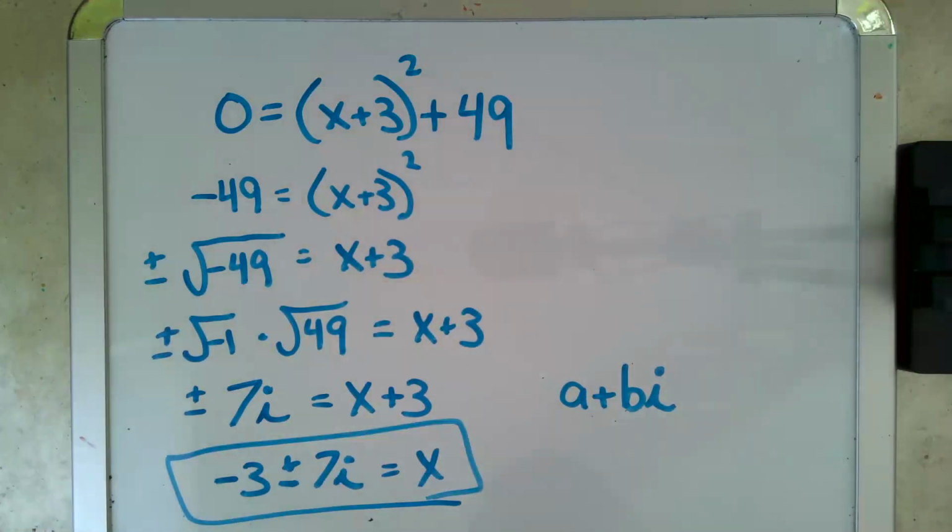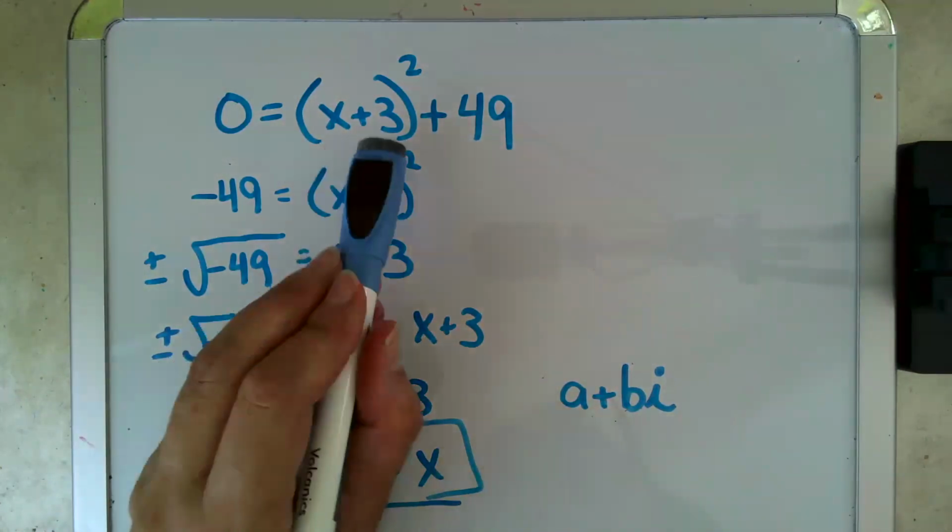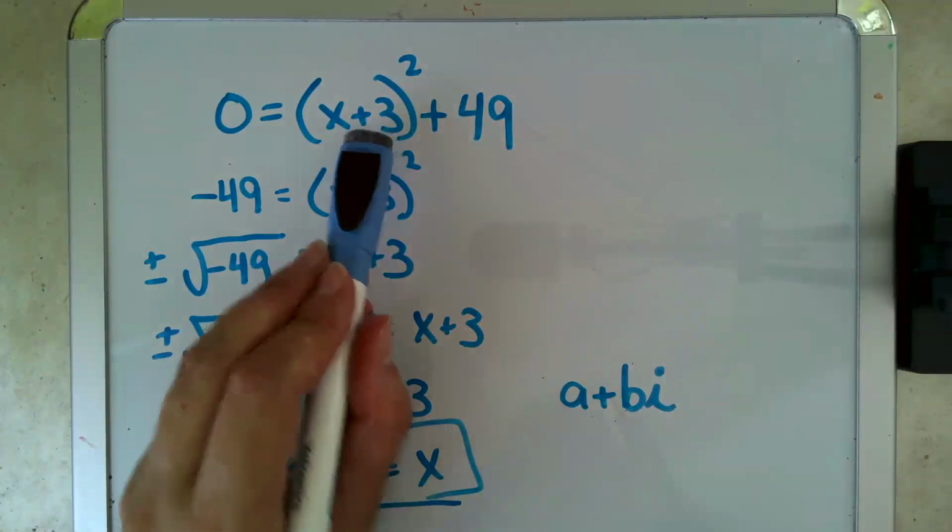Remember that solutions, roots, zeros, x-intercepts, these are all the same thing. If your x-intercept is imaginary, that means that this parabola never hits the x-axis. And if you think of this in vertex form, that makes sense. Our x-coordinate is -3.